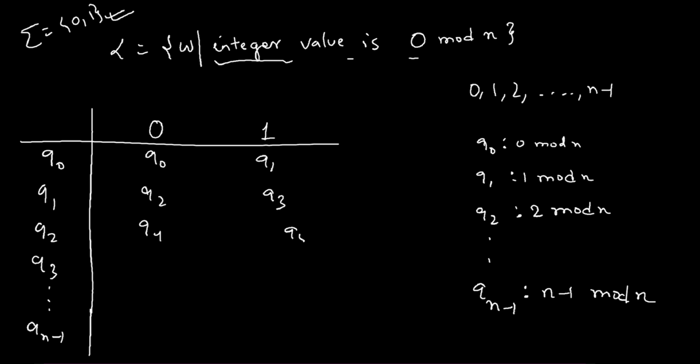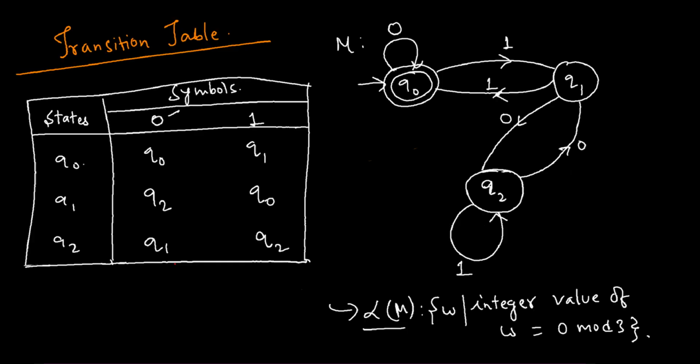q4, q5, q6, q7, and so on. At last you will end up in qn minus 2, qn minus 1. That's what you have seen. If you want to cross-verify, just look at this. There were 3 states: q0, q1, q2.